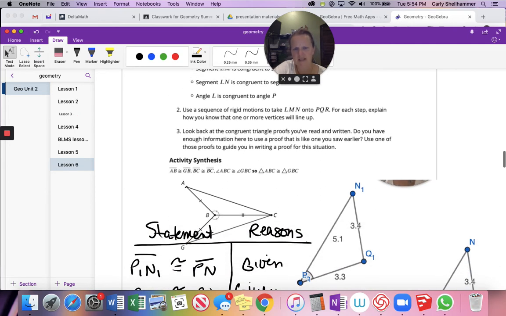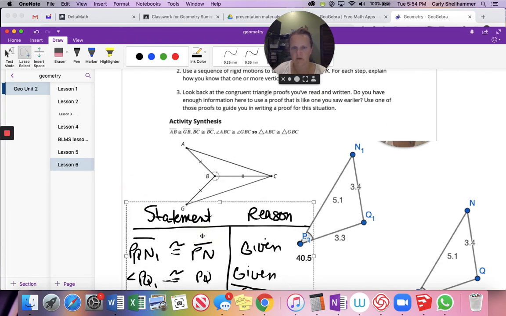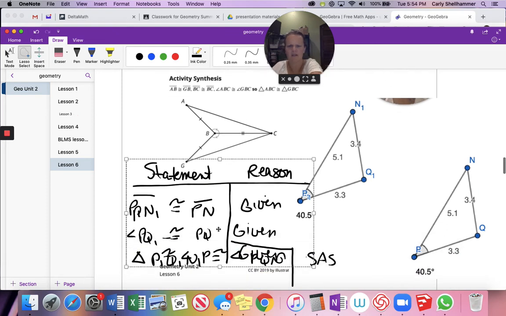Activity synthesis. Let's see. I don't know if I can select. No, we don't want to do that. I was hoping to move all that stuff down. Oh, it worked. Oh, it didn't work.